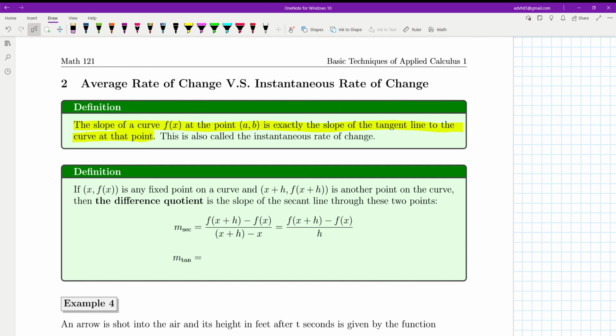But now we are going to come up with an expression that also finds the slope of the tangent line. However, in this case, it's the same expression with a little extra. I'll show you what that little extra is in a second.